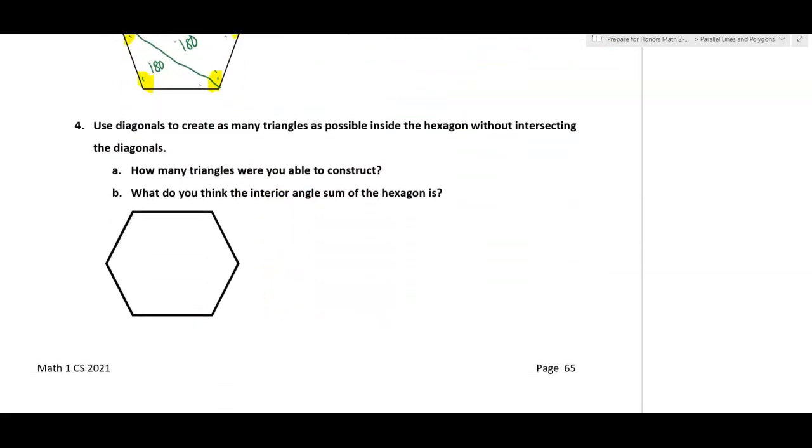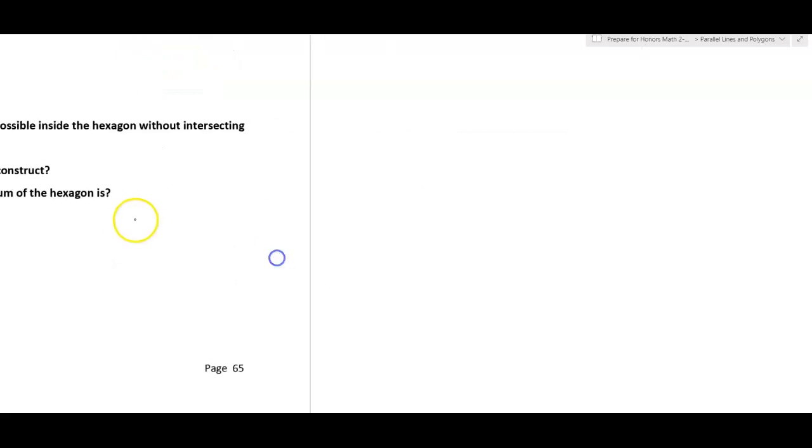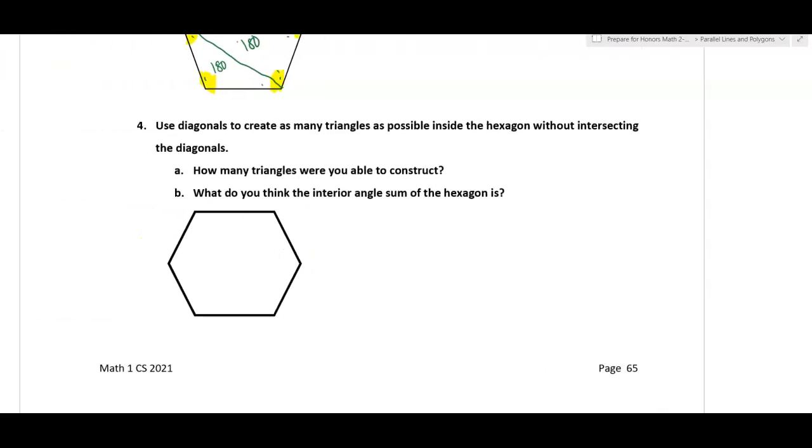Now, if I do the same thing for a hexagon, in this one, how many diagonals can I draw? 1, 2, 3. And it creates, I can create 4 triangles. 1, 2, 3, 4. What's the interior angle sum of each triangle? 180, 180, 180, 180.